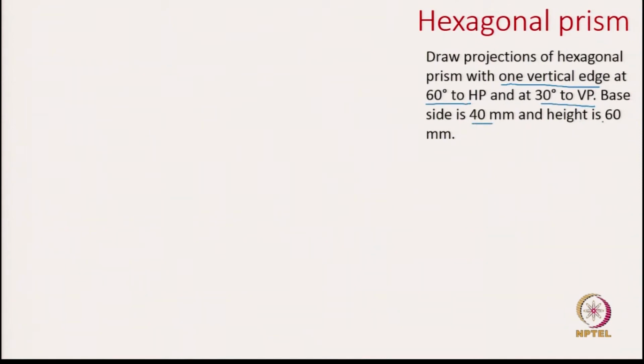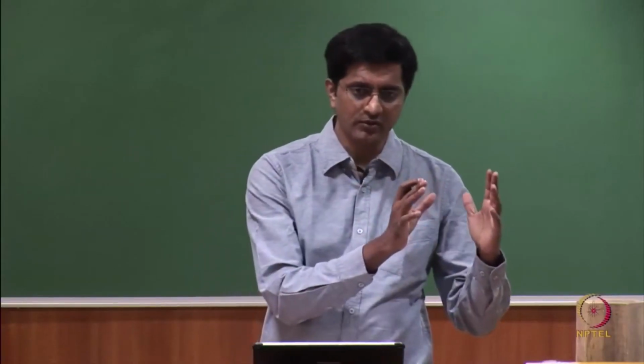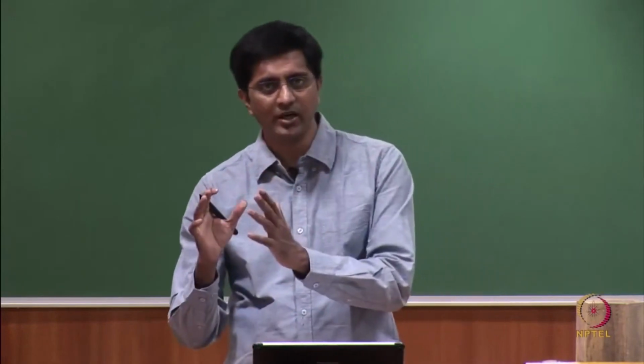Side is 40 and height is 60. Okay. So, this is exactly what we have seen previously. So, we are describing the last orientation, but we said instead of solving it directly where it is too complicated to solve, we will simplify it by starting from a very simple orientation and gradually coming to the final orientation. Okay.